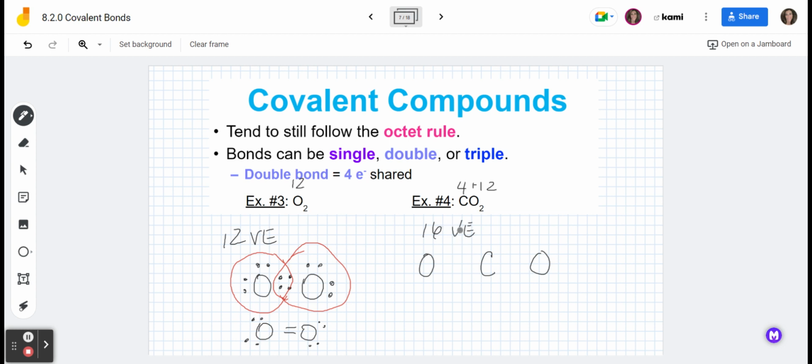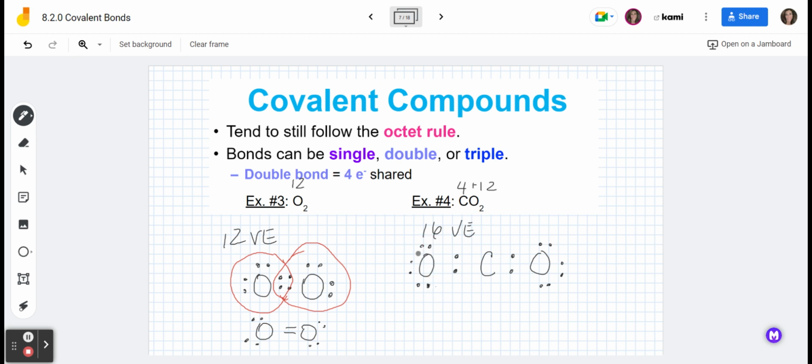And then we have 16 valence electrons, so we're going to create 2 shared pairs to surround our carbon. And then now we have 4 that we just used, so we have 12 more. So we'll just start going around the atoms as lone pairs. So 2, 4, 6, 8, 10, 12.